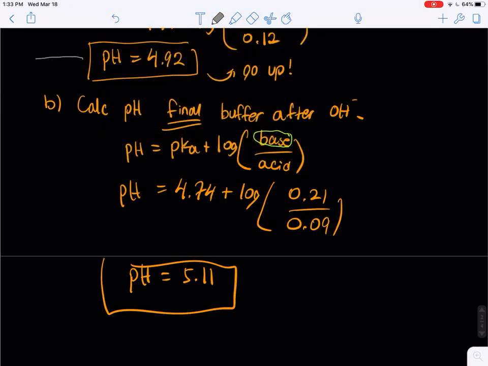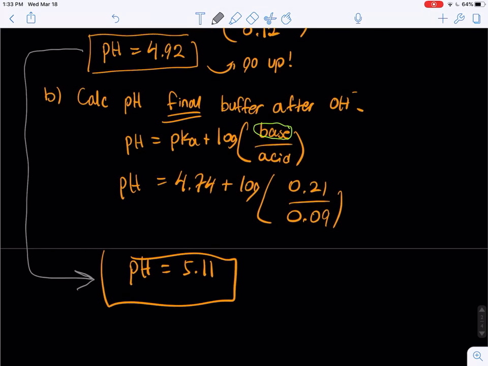Okay. So let's do some analysis and comparison here. We're starting with a pH of 4.92, and it is indeed going up. So that's in the right direction. If we wanted to calculate the change in pH, remember that's the delta, the triangle means final minus initial always. So the final pH is 5.11. The initial pH is 4.92.